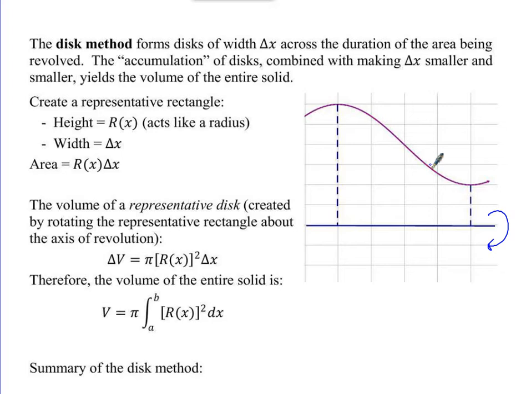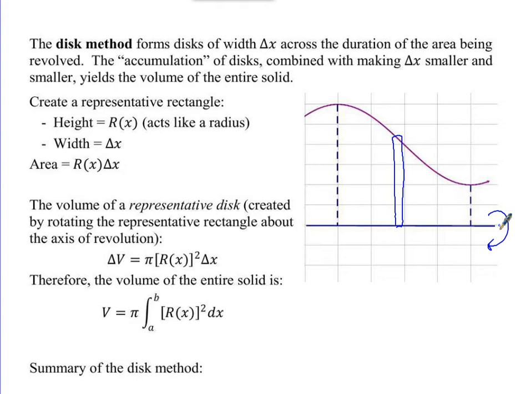So this object is going to be the sideways Hershey kiss with the top chopped off, or a jet engine, okay? So, in order to do this, we need to create a representative rectangle. Now, that representative rectangle, when I revolve this thing about this axis of revolution right here, will turn into what?